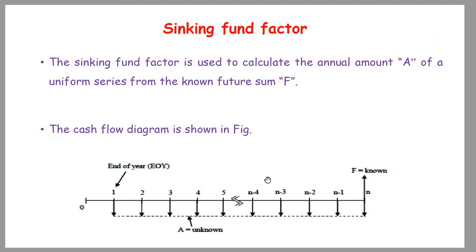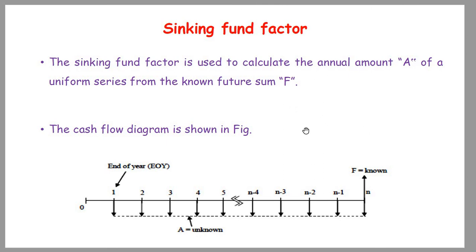Next is the sinking fund factor. The sinking fund factor is used to calculate the annual amount A of a uniform series from the known future sum.